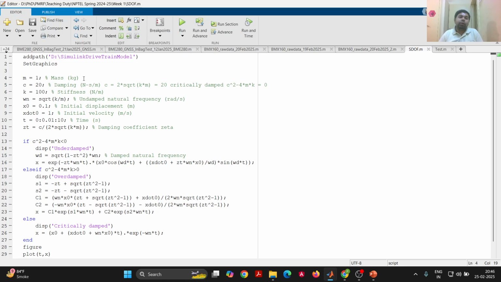Fine. So we are now trying to code this particular example into MATLAB. Because of the simple differential equation that we had for the single spring mass system, we were able to find an analytical solution. Here we are trying to find what the response would be for different sets of parameters, like mass, damping and stiffness.